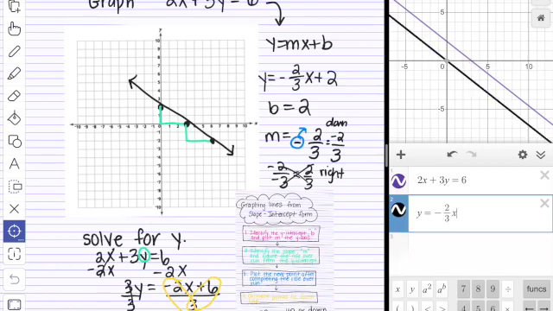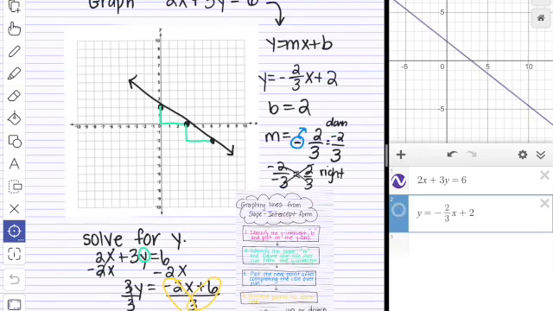Make sure I get that cursor out of the denominator. And I should see the exact same graph. I mean, because it is the same line. If I click the color on the actual Desmos, I can see it turn off and on, that they're on top of each other. And again, that's just a way to check yourself with your graphing.